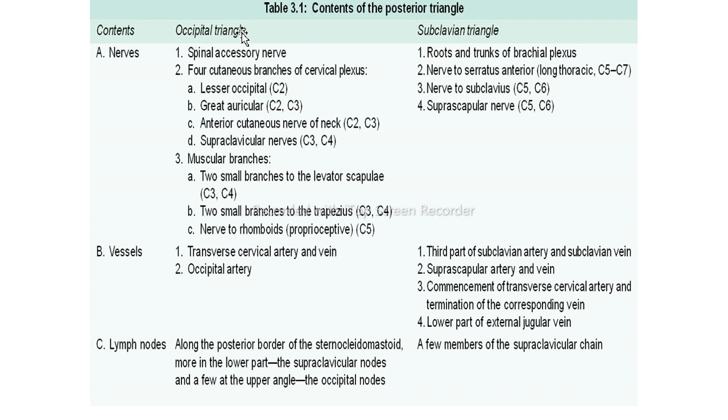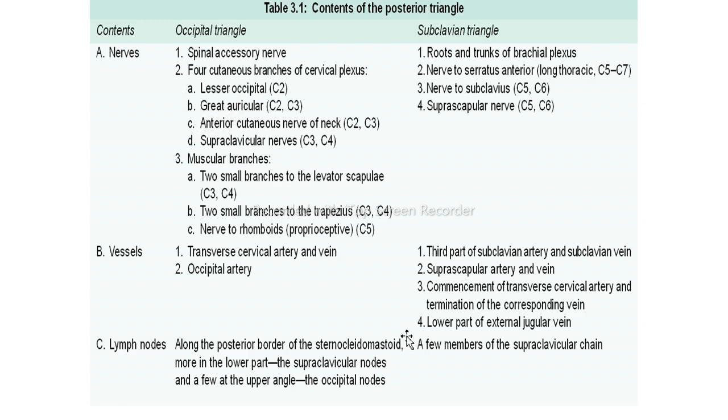So in the occipital triangle, the nerve content is the spinal accessory nerve. Then the four cutaneous branches we have seen earlier that arise from the cervical plexus pierce the deep fascia and go into the superficial fascia and supply the skin.